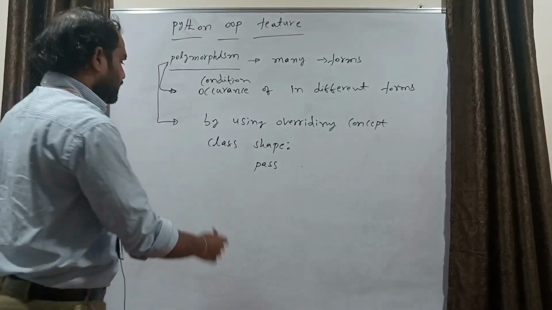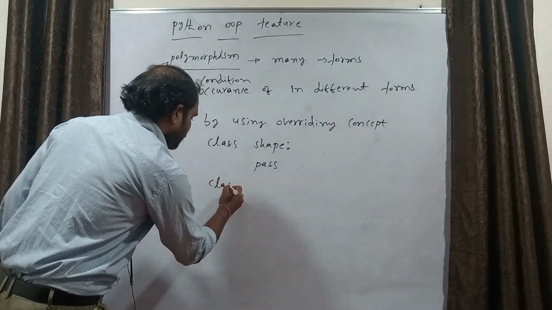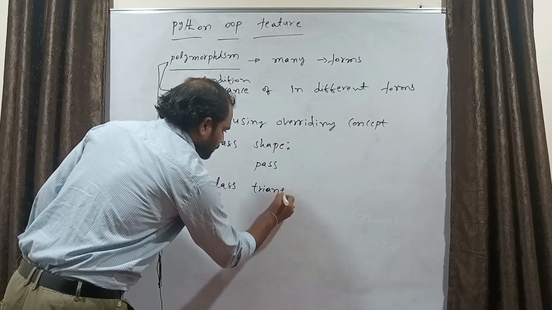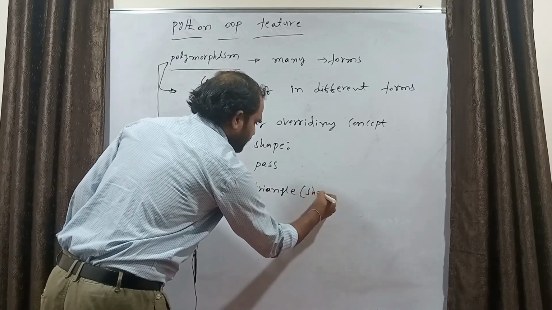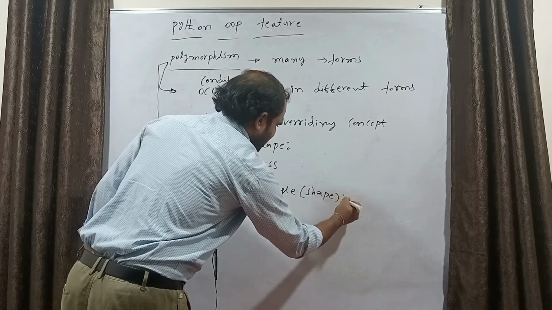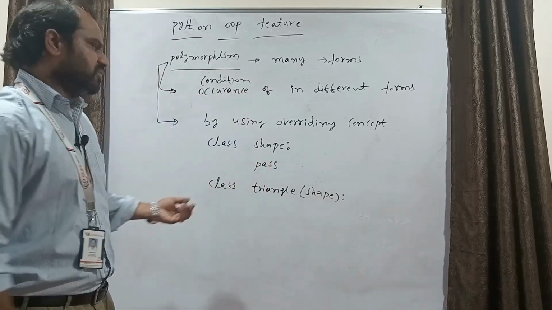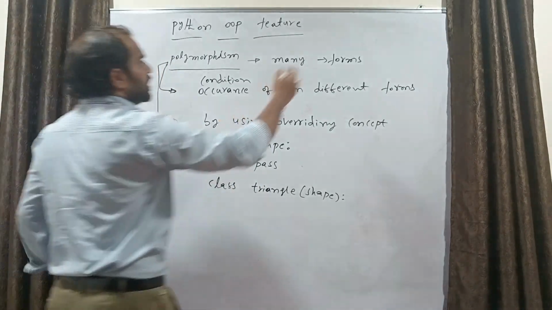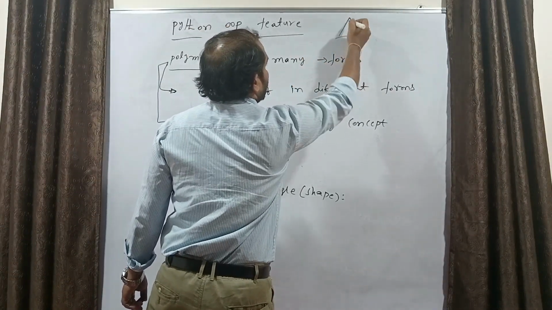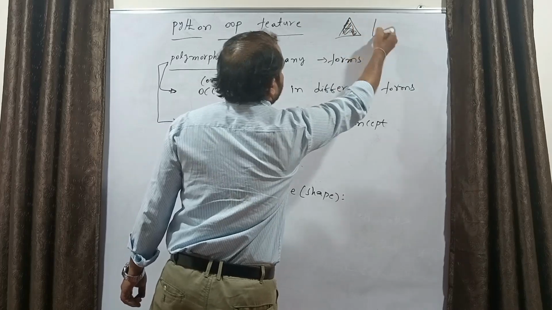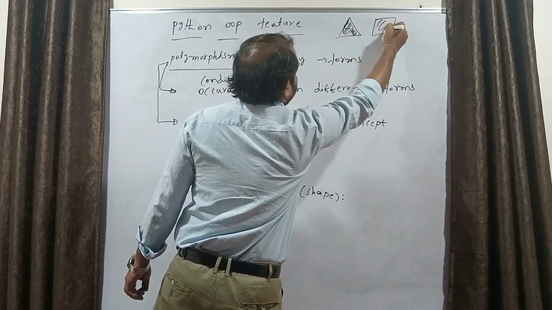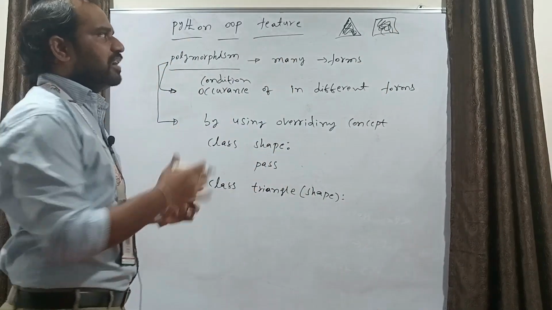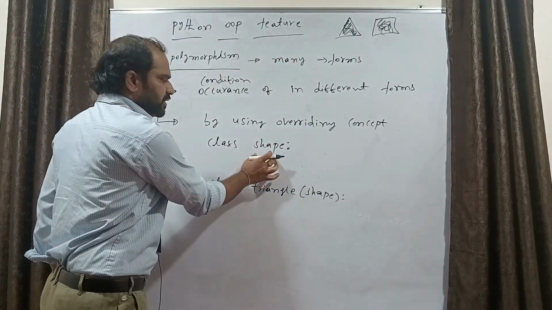After that, I will create one more class like Triangle, which is inheriting this Shape class. What is the use of creating this Shape class? If you want to specify some color, like for a triangle I want to fill it with one color, and for a square I have to fill it with a different color, I can fill the colors in those particular shapes with this class.